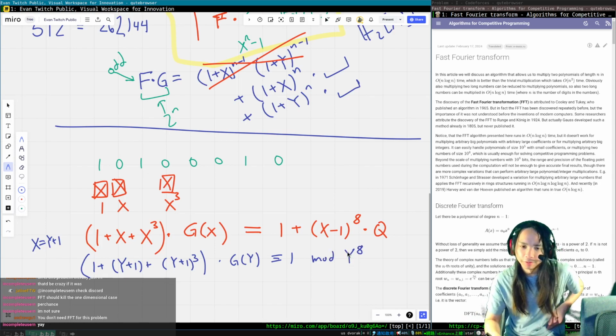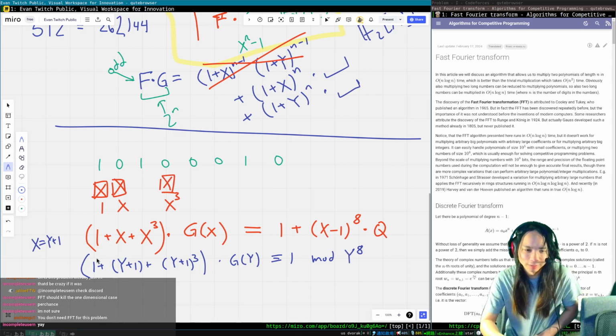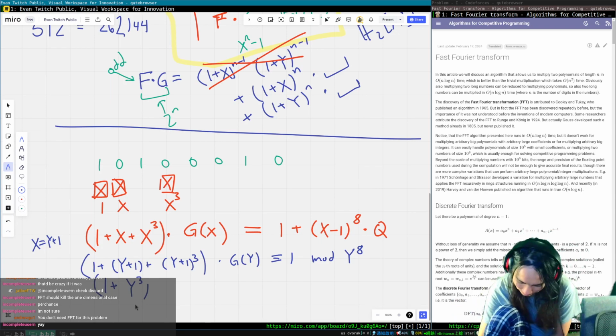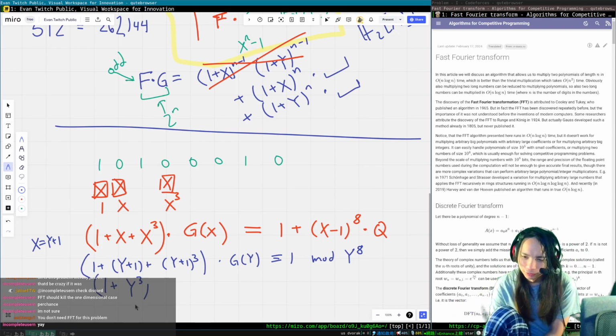I have basically a working hypothesis: if this has a constant term, I don't really care what the coefficients are, but I guess they happen to be, oh, this is just 1 plus y cubed? No, whatever. Yeah, that better be true.